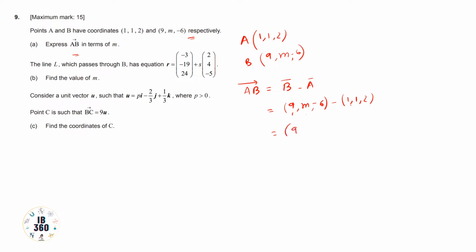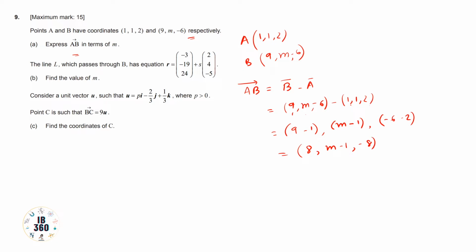So we will get 9 minus 1, then m minus 1, then -6 minus 2. So it is basically 8, m minus 1, -8.